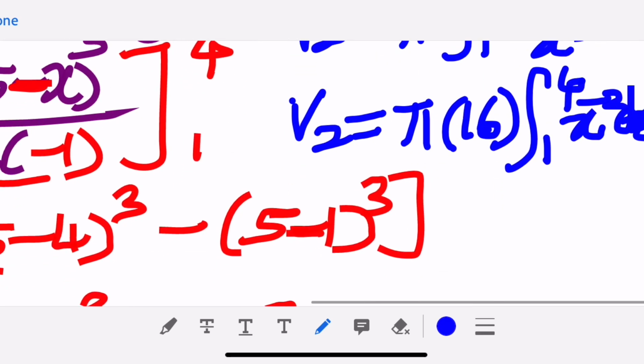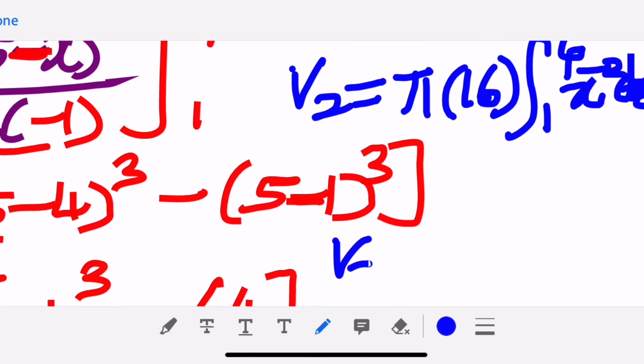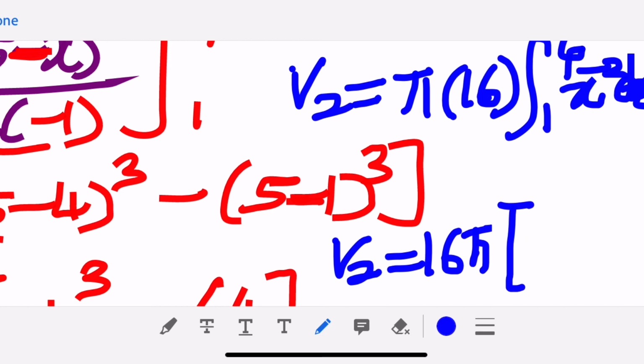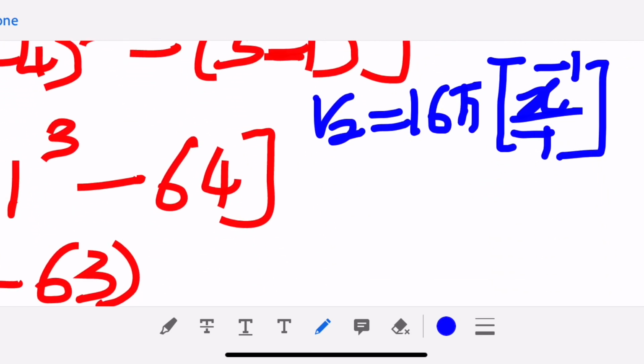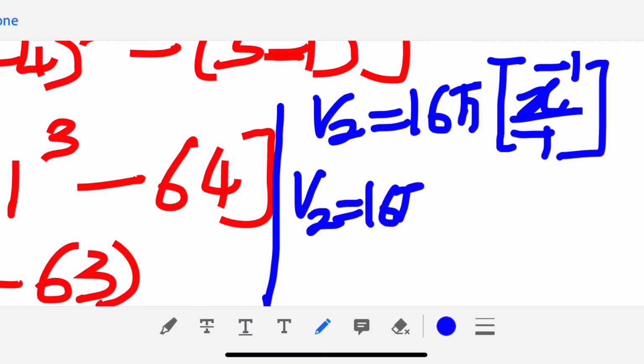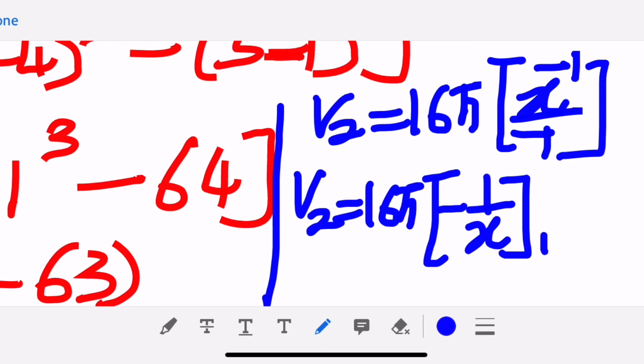So V2 is 16 pi integrate x to the negative 2, which gives x to the negative 1 over negative 1, and we have to substitute the limit. V2 is 16 pi times negative 1 over x from 1 to 4.